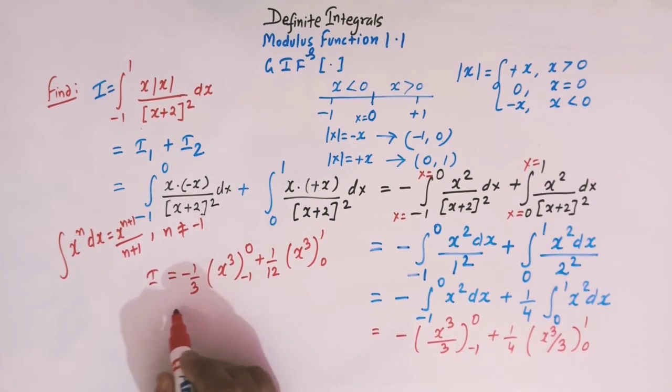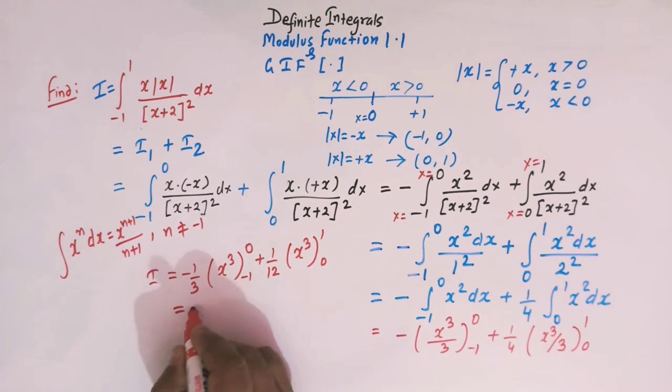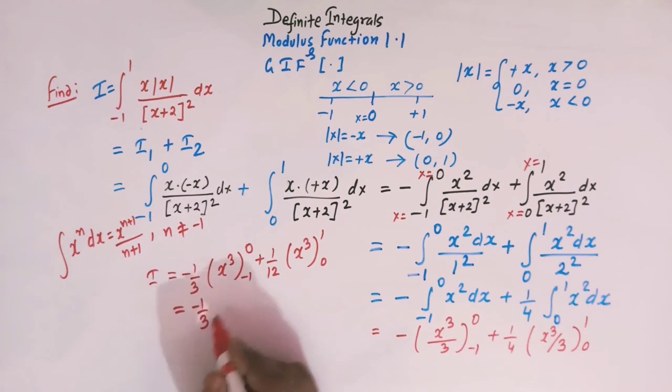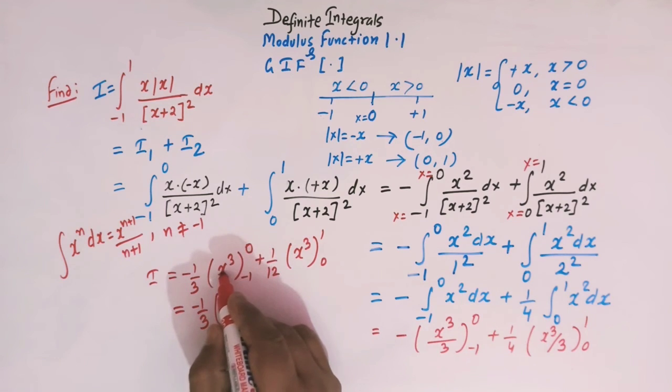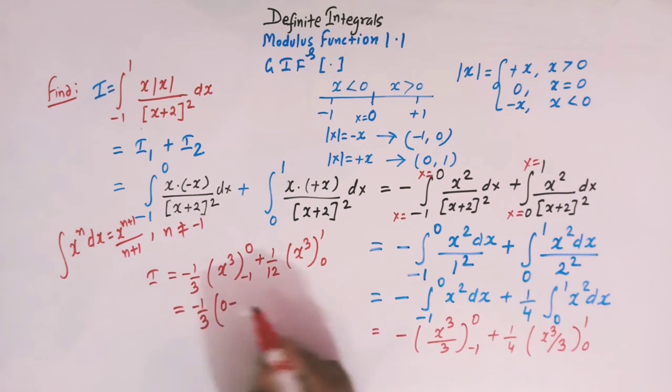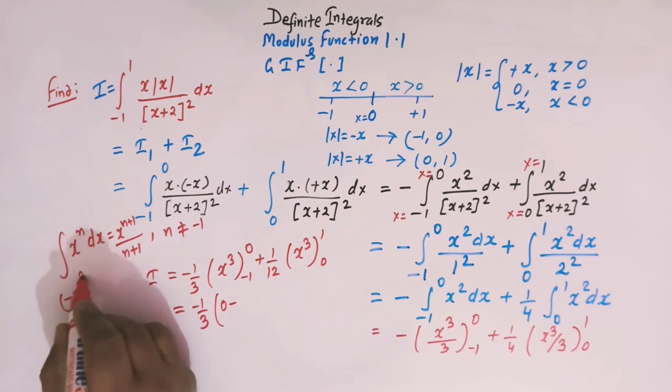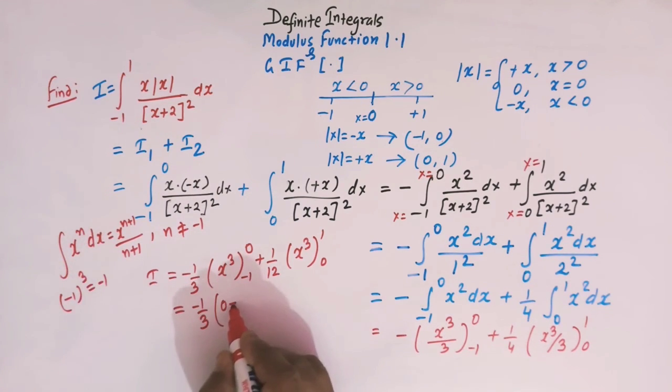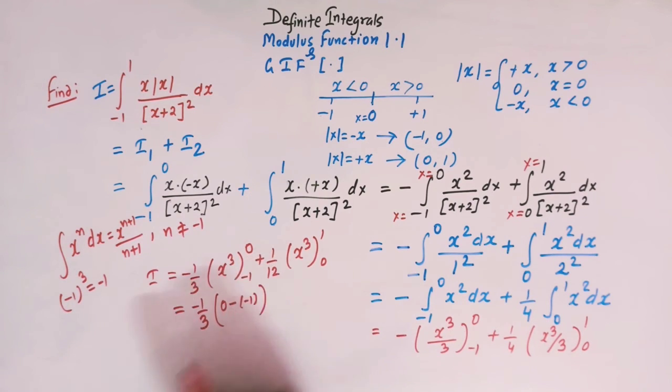So now substituting the limits, we'll have the expression minus 1 over 3, so here x is 0, so this is 0, minus, here we have minus 1 cube, and minus 1 cube is minus 1, so we have here minus 1, right?